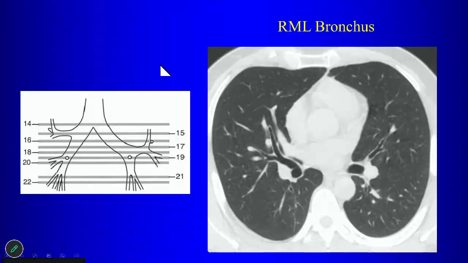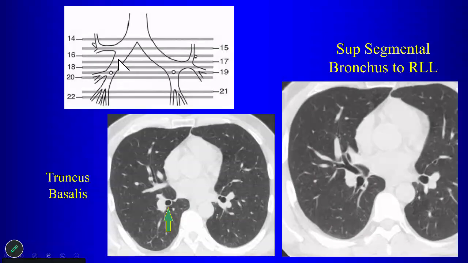The segments of the right middle lobe are lateral and medial. Lateral comes first. Those are the segments of the right middle lobe bronchus. When you get to the right lower lobe bronchus, the first one to come off is the superior segmental bronchus. And then you get this airway, which will supply the basal segmental bronchi. That has a name, the truncus basalis.